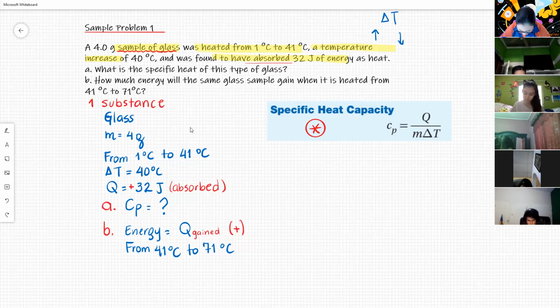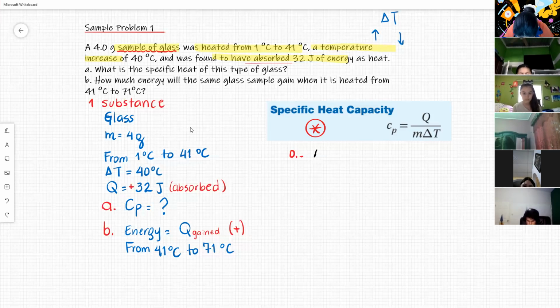So if you take a look at the equation, you have that specific heat, which is C sub P, is equal to Q, or heat, divided by the mass times the change in temperature. But if you are not sure that the problem gives you the change in temperature, you can get it, okay?